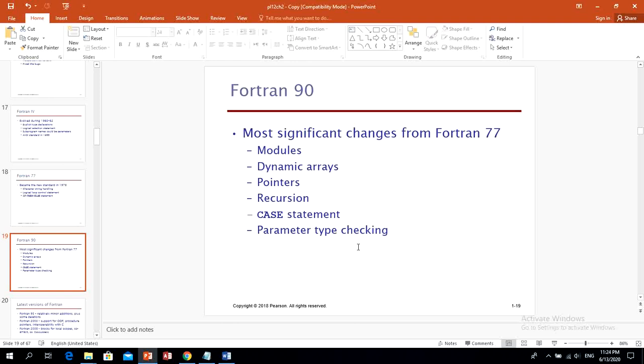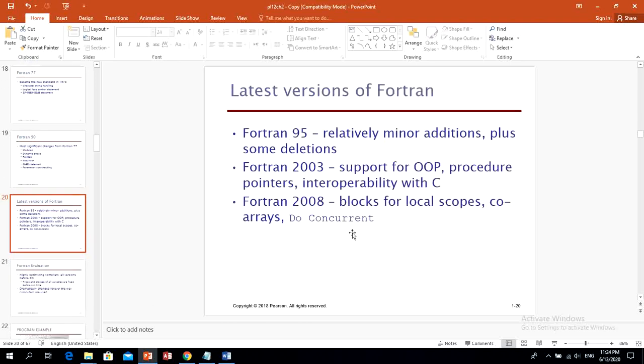And for type checking, which had already been implemented in the previous versions, this one has parameter type checking. So type checking is done for parameters as well as for other variables.